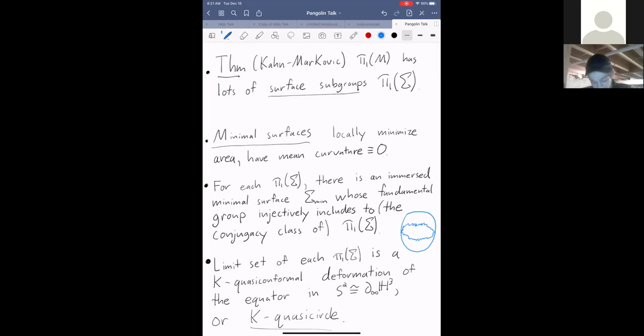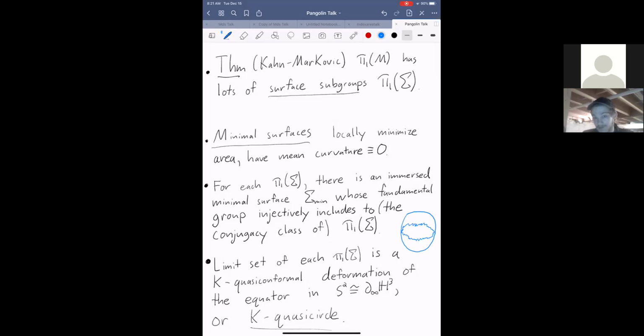It's not really important for this talk what K quasi-conformal actually means, except that as K gets closer and closer to 1, the limit set of this pi1 of sigma gets closer and closer to being a round circle. So the K is just controlling that.